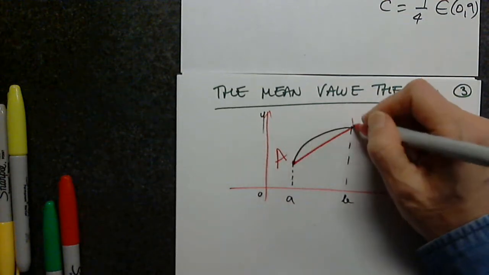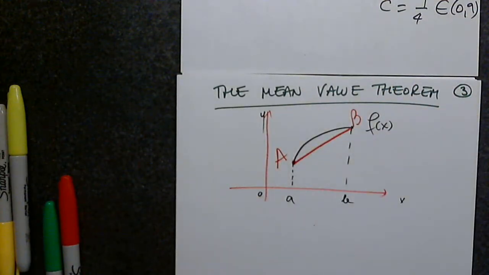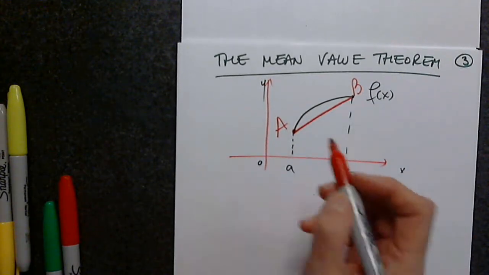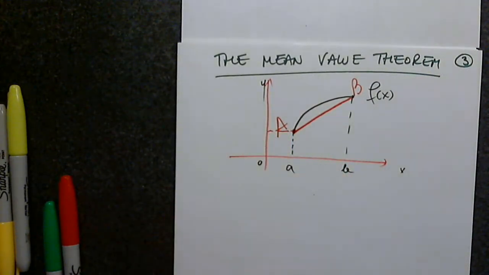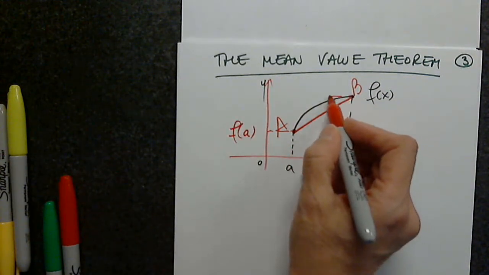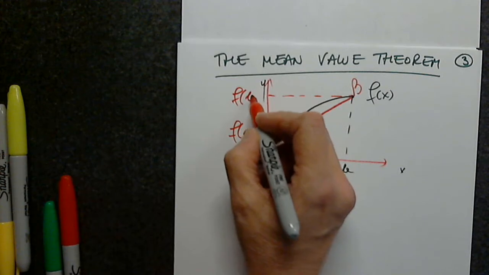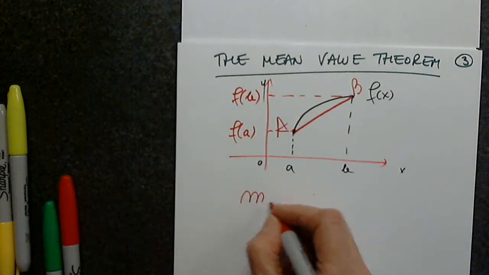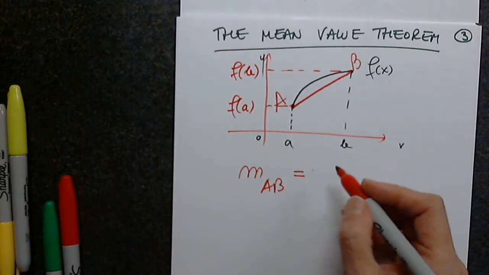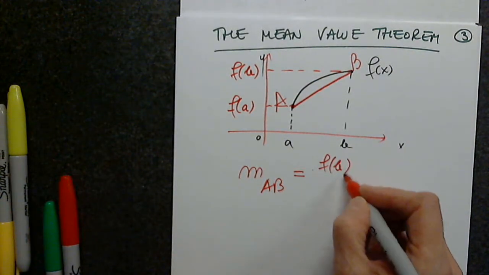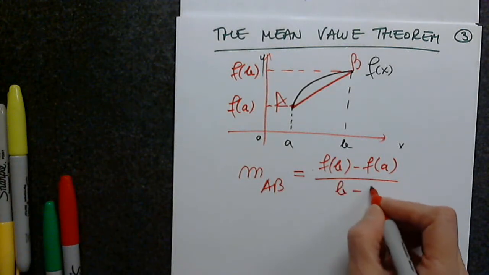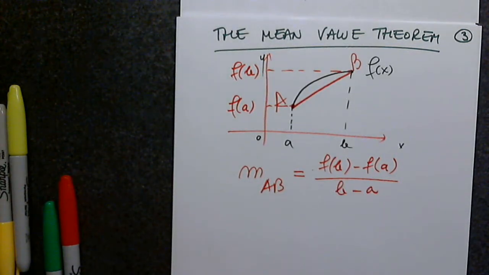This is point A and point B. Can anyone give us the y coordinate of A? And the y coordinate of B? Can anyone give us the slope of the line AB? So far, so good?